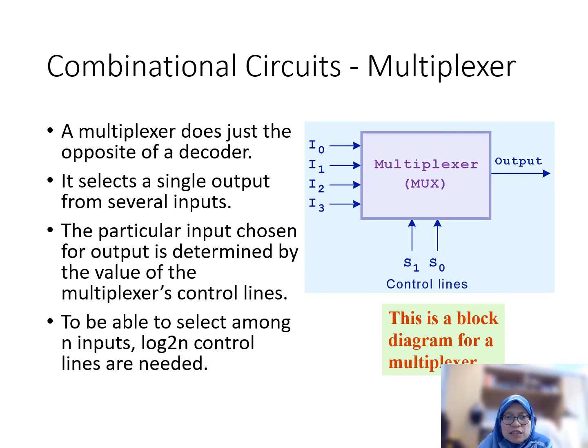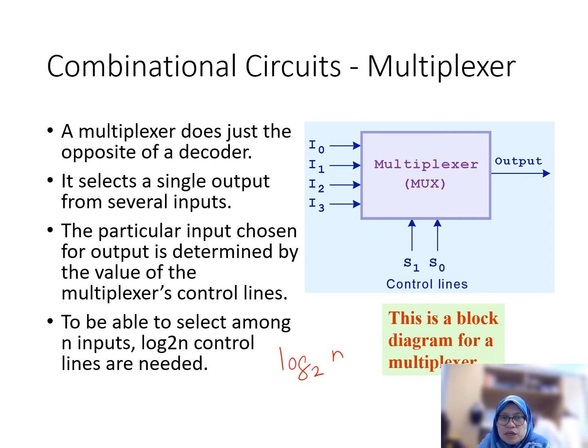The particular input chosen for output is determined by the value of the multiplexer control lines. So to be able to select among n inputs, how many control lines are needed? For the control lines, they use log n base 2.